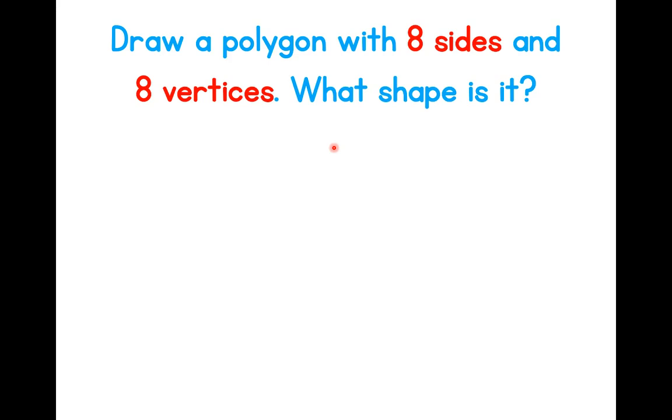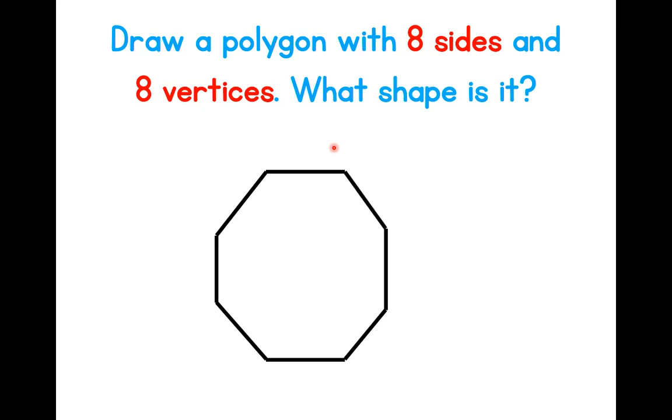Well, I'm just going to start drawing some sides, and you can count with me to make sure that I have drawn 8. 1, 2, 3, 4, 5, 6, 7, 8. So I made an octagon. Remember that an octagon has 8 sides and 8 vertices, and we can remember it with remembering how an octopus has 8 legs.